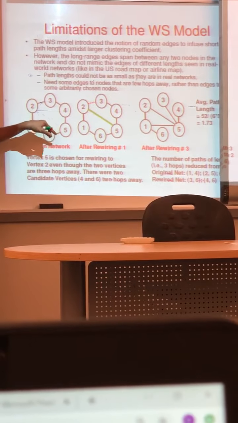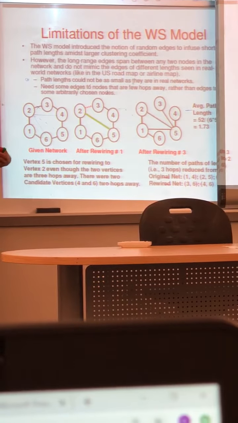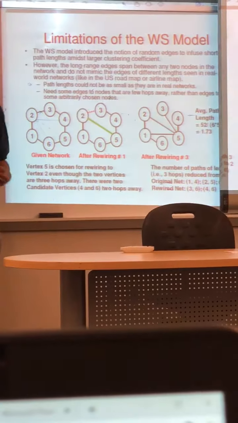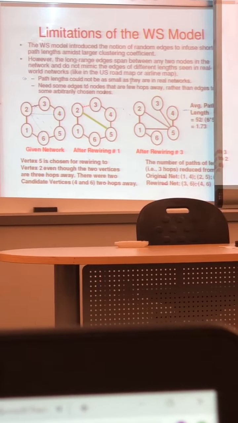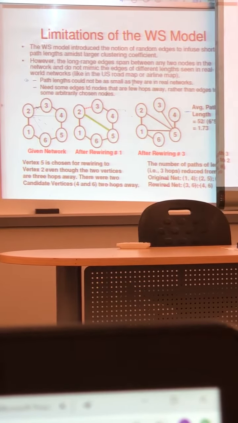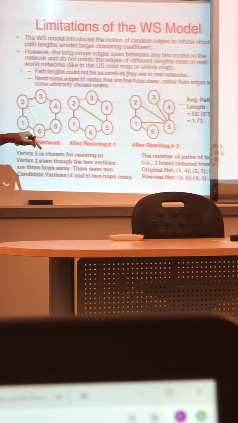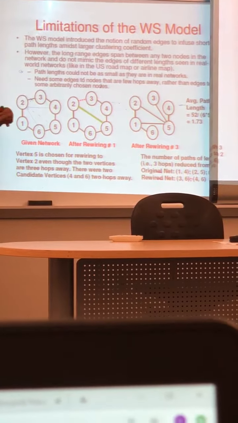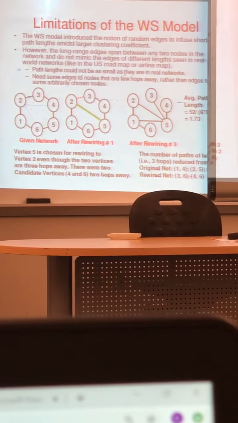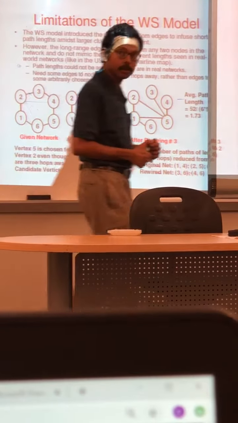So now what we want to do is give more preference to nodes that are closer. Okay, so a larger weight for nodes that are closer, and a lower weight for nodes that are farther away. Is that clear? So that's the idea behind what's called the enhanced Watts-Strogatz model. Okay, so we're going to see the enhanced model.